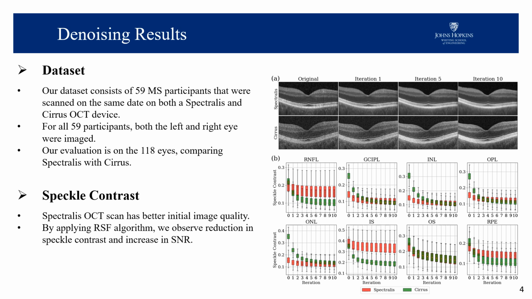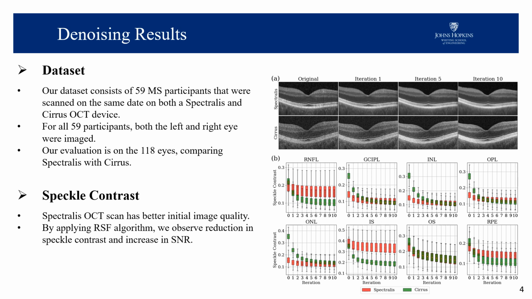Quantitative results on the whole dataset show that the speckle contrast in each retinal layer decreases as the denoising iteration progresses, as shown in both plots in this figure. Each subfigure shows the speckle contrast results for each retinal layer, which is 8 in total.